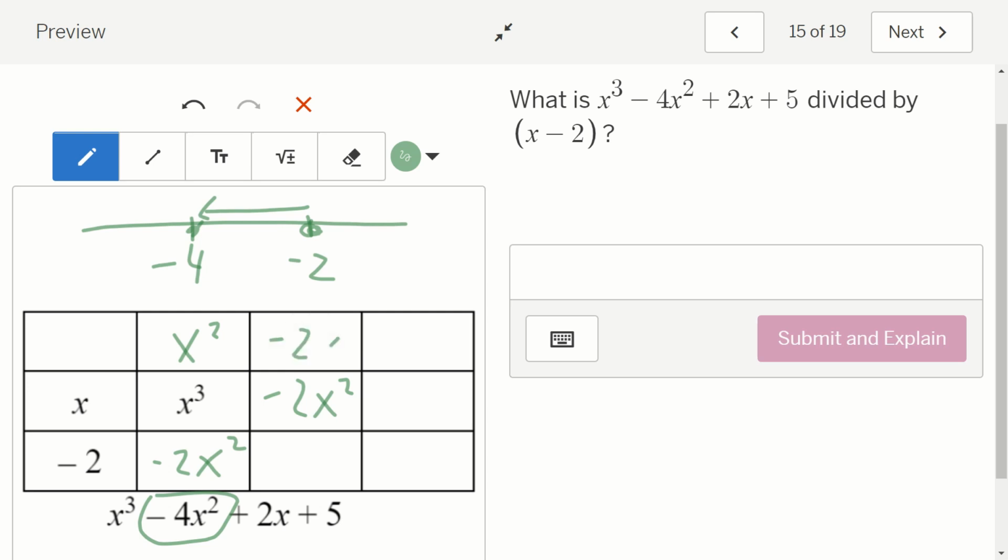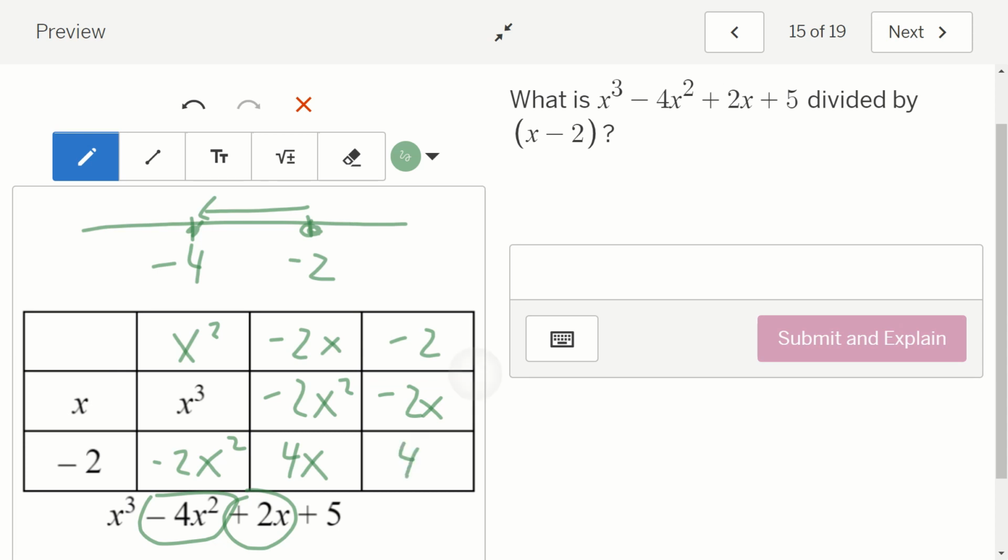This will be negative 2x. Negative 2x times negative 2 is positive 4x. I need a positive 2, but I've got a positive 4. So you can do that on the number line, or you might recognize that'll be negative 2x. This will be negative 2, and negative 2 times negative 2 is positive 4.